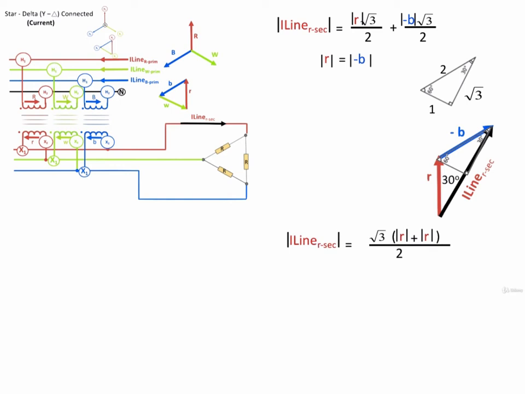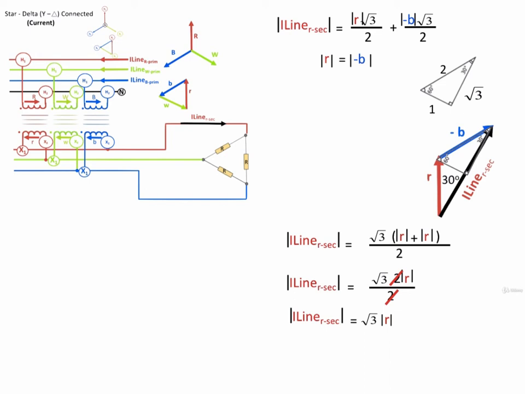So we can replace the minus B magnitude in our equation with the R magnitude. Rewriting the equation, we get root 3 times 2 times the R magnitude all over 2. And the 2's in the numerator and denominator cancel out, leaving us with I line R secondary is equal to root 3 times R magnitude.